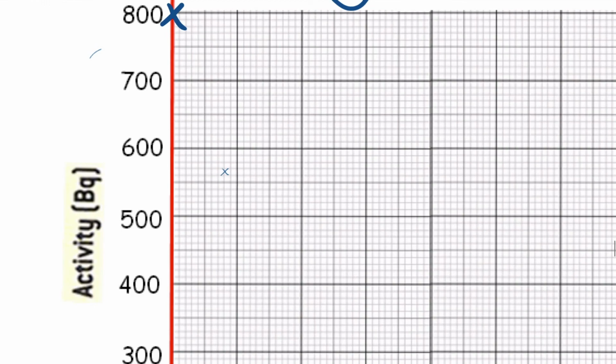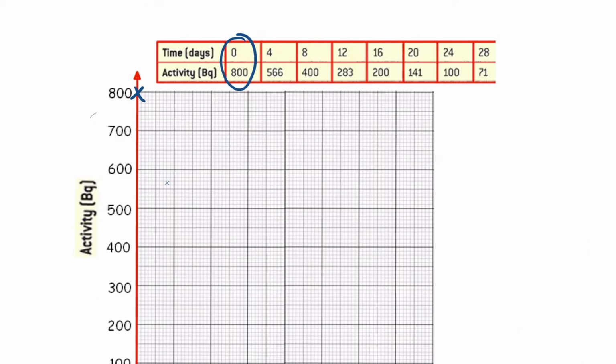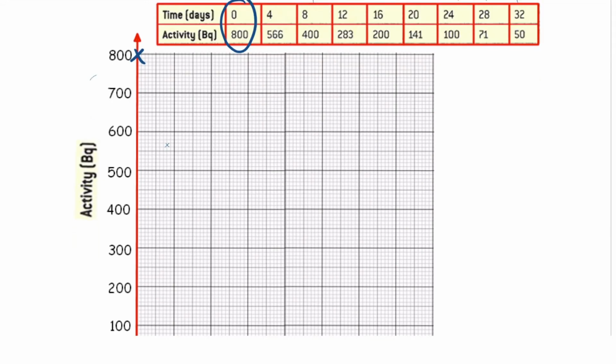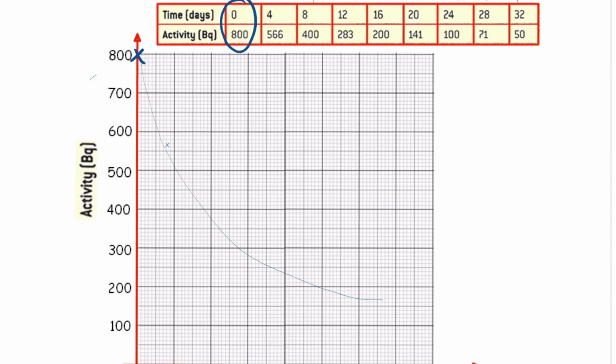So if that's 560, that's 570. My 566 is just about there. Now do that for the remaining 7 points, and then draw a curve of best fit.